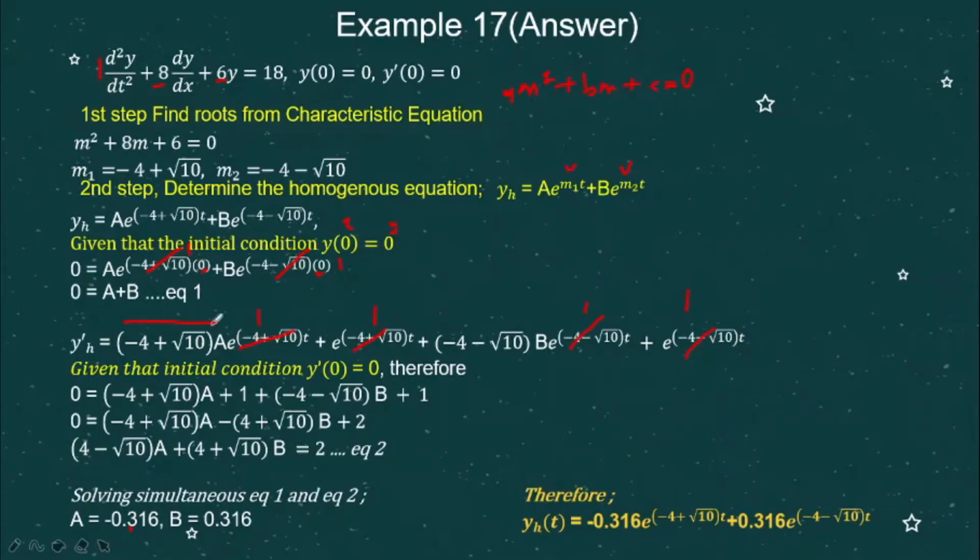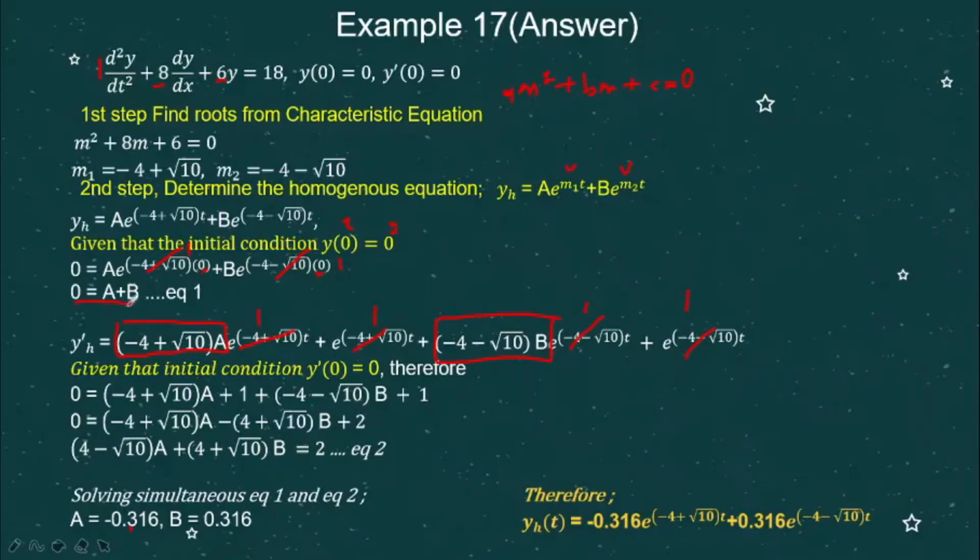So we only have this equation: 1 times a plus 1 times b plus negative 4 minus root 10 and so on. Then we simplify and we get negative 4 plus root 10 times a plus negative 4 minus root 10 times b equal to 2. This is equation 2.